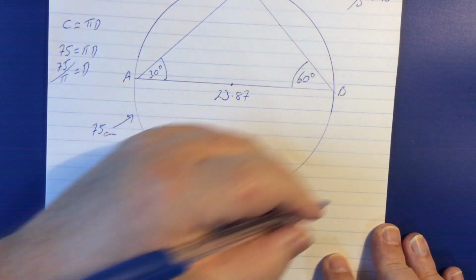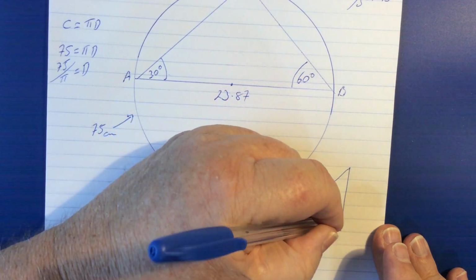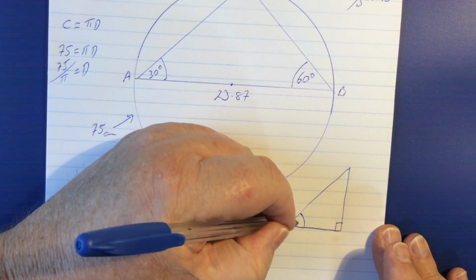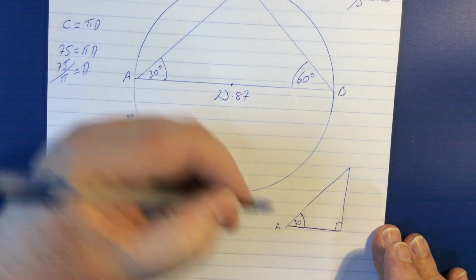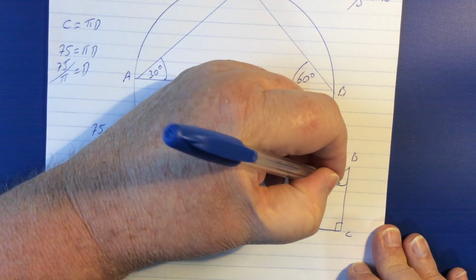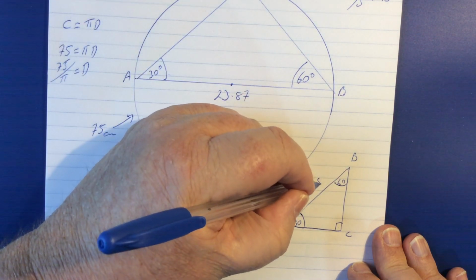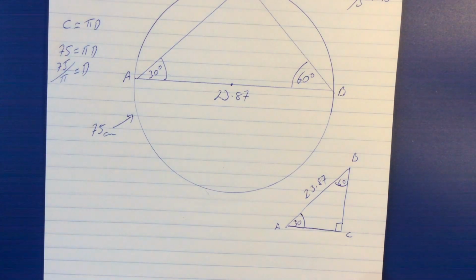Okay, so what we can do now is we can draw a triangle, and that's 30, so that's A, that's 90, so that's C, and this is B up here at 60, and we know that that is 23.87. Okay, so let's find that.